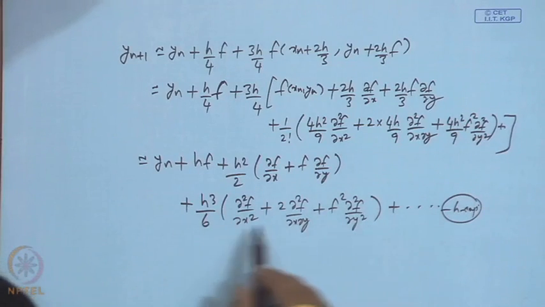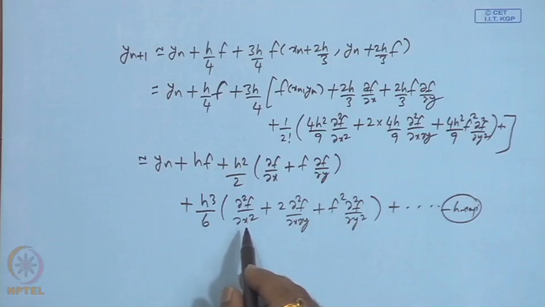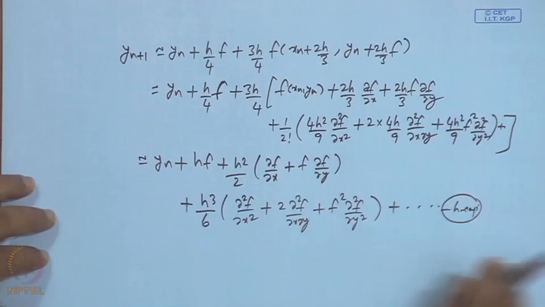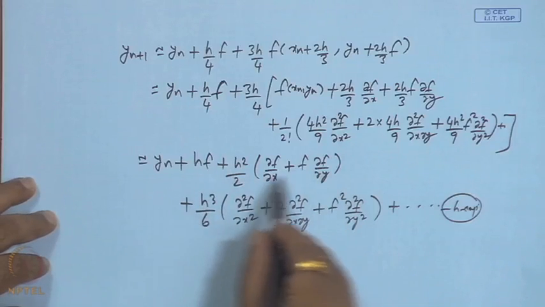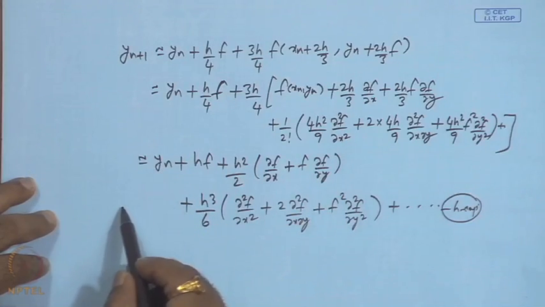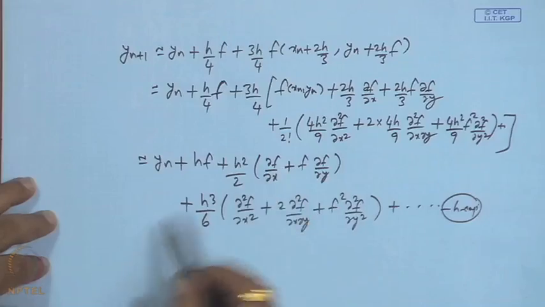Then we have to compare this with the Taylor series expansion, and you can see in the Taylor series these terms exist. So, first term approximates y of x n, second term, third term.